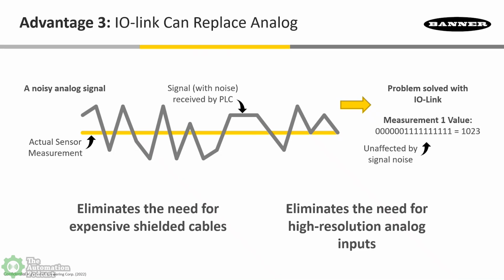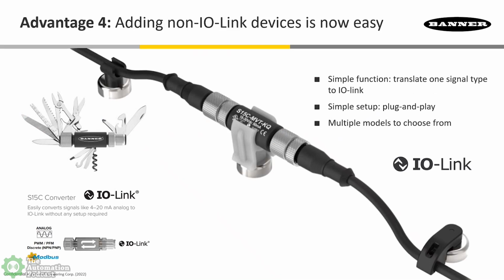Another advantage is people think, well, what if I don't have IO-Link? What if I want to connect non-IO-Link devices? I want to standardize on IO-Link, but I have several non-IO-Link devices out there. Well, that's not a problem because Banner has these IO-Link converters that allow you to connect non-IO-Link devices to your IO-Link master and get them onto the IO-Link communication chain.